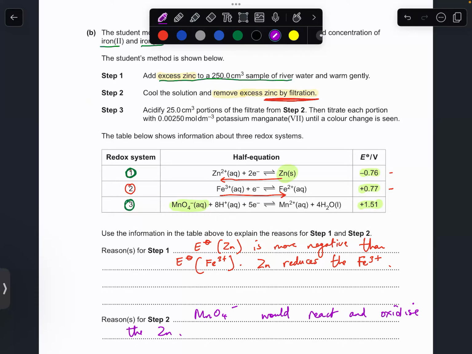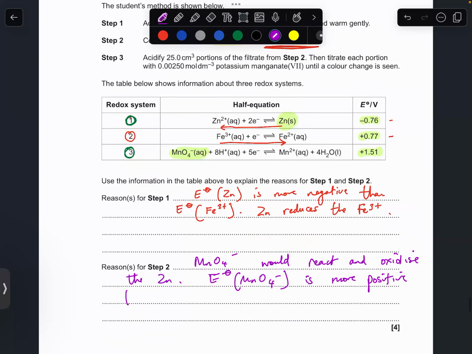Why is that? Because the electrode potential of the MnO4 minus is more positive than the electrode potential of Zn.